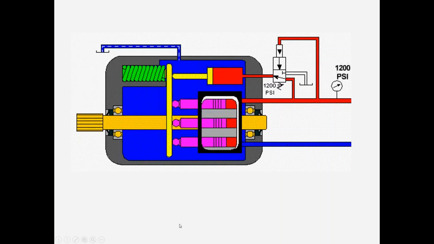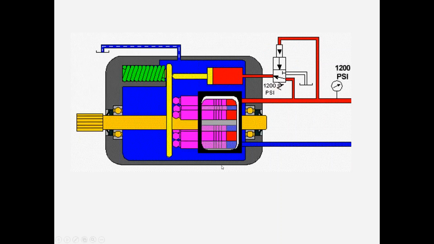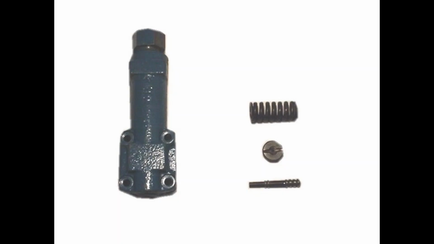Okay? Now, what would it actually take to cause this valve to stick like this? Surprisingly little. Let's look inside that valve and see what's in there. Now, this is a typical pump compensator. This one came off of a Vickers pump, but they all work pretty much the same way.